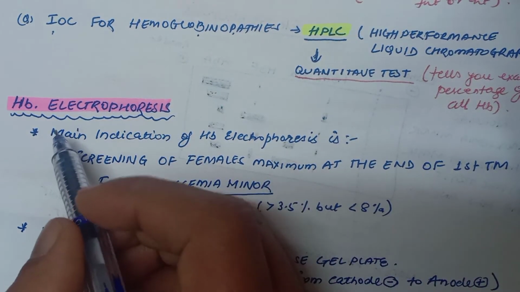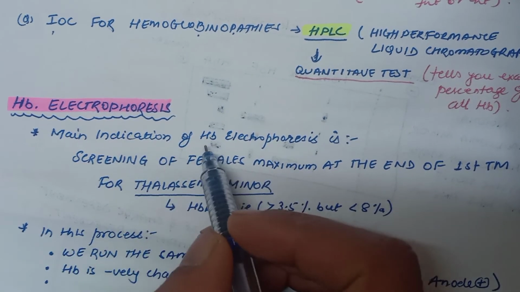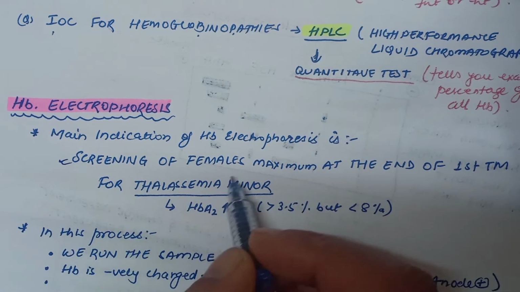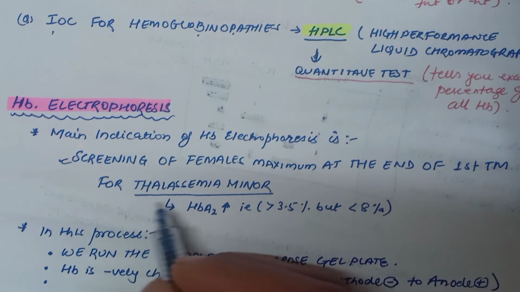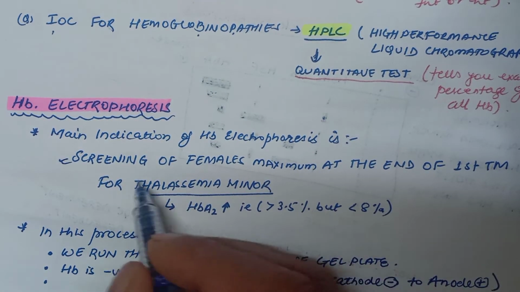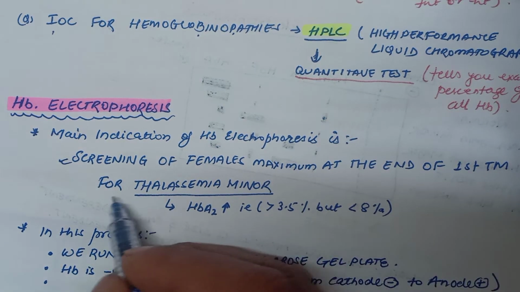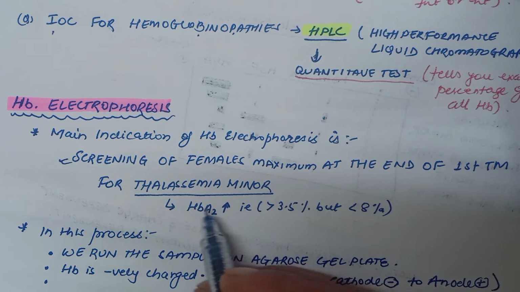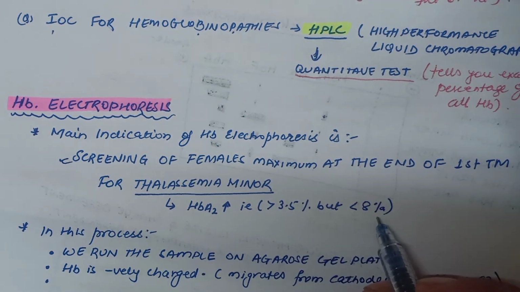Now we will discuss a little bit about hemoglobin electrophoresis. The main indication of hemoglobin electrophoresis is screening of females, at the latest by the end of the first trimester, for thalassemia minor, where HbA2 level is increased, that is more than 3.5% but less than 8%.